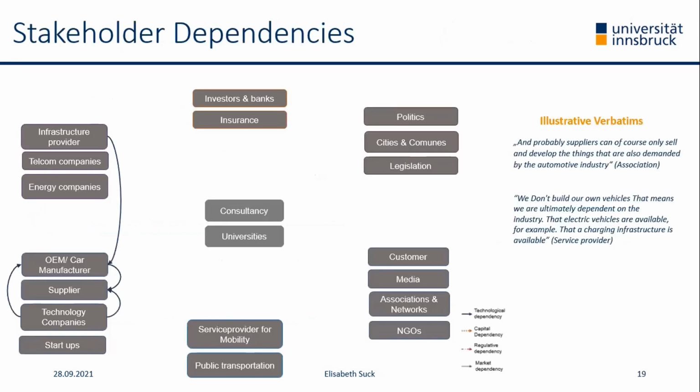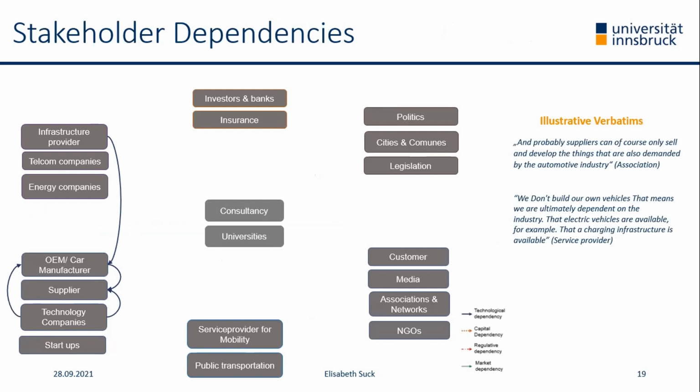Now I come to the dependencies of the ACES stakeholder networks. In total, we have four dependency topics: technological, capital, regulative, and market dependencies. As you can see, the technological dependency mainly concerns infrastructural and technology developing actors. As reasons, stakeholders describe the interrelatedness of ACES and their connection.